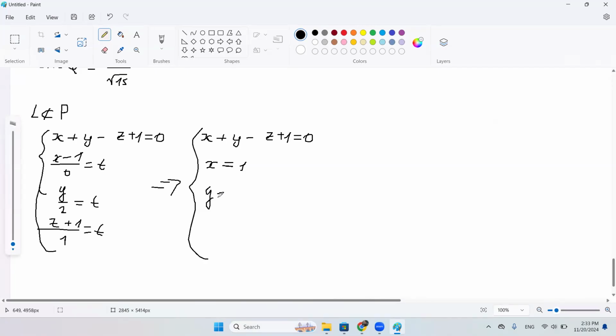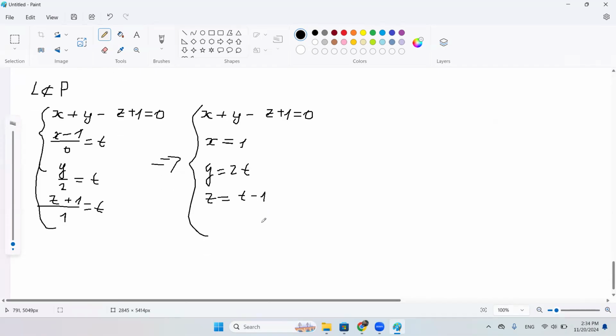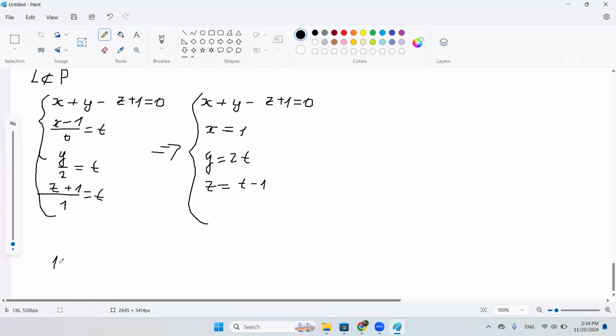Y equals 2t. Z equals t minus 1. So 1 plus 2t minus t plus 1 equals 0.